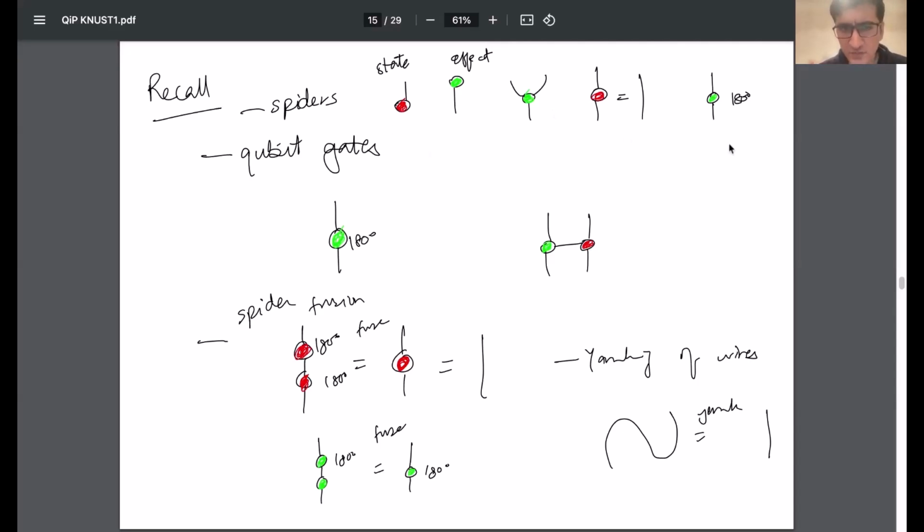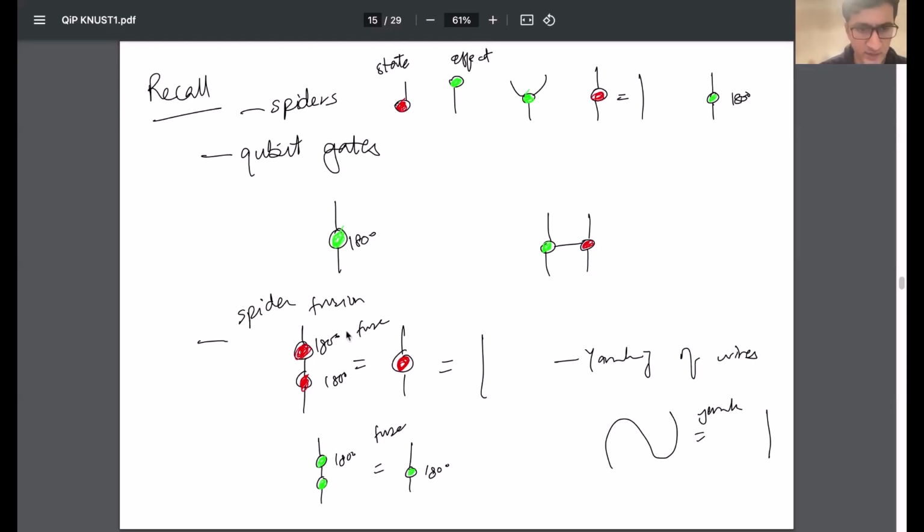So here are some examples of states and effects made of red and green spiders, and here are some examples of gates. This is a Pauli Z gate. This is a C0 gate. In the C0 gate, the qubit at the left side is the control qubit, and the qubit at the right side is the target qubit.